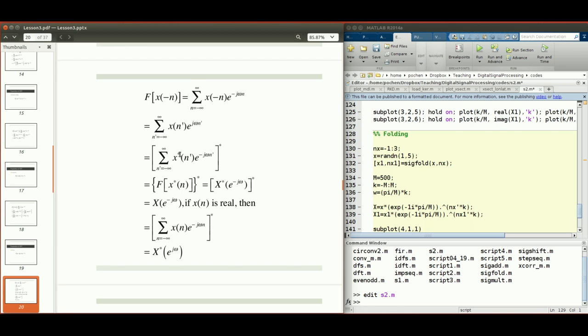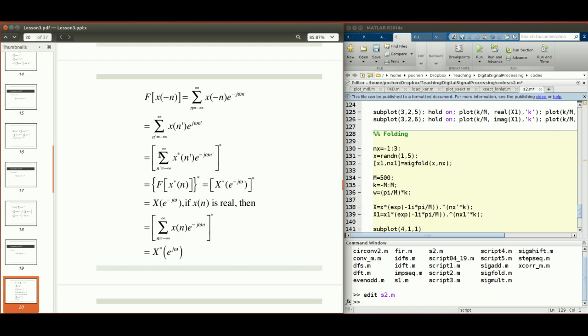So this star is going to cancel this star, and you get x[n prime] back. And then this star applied on this complex exponential function is going to cancel out this minus sign, and you get this thing back.